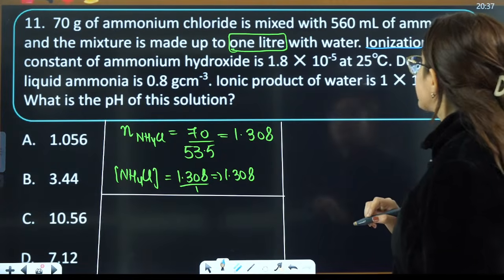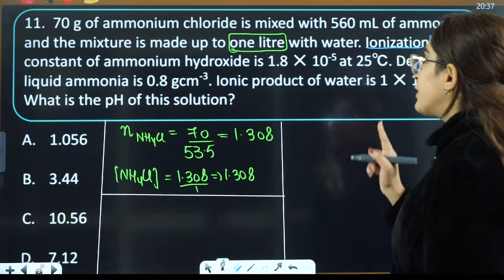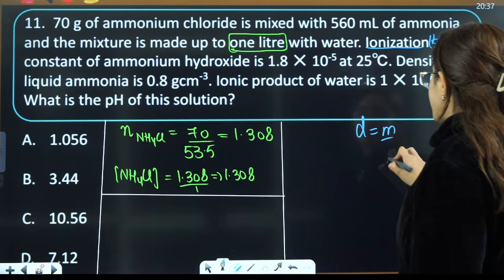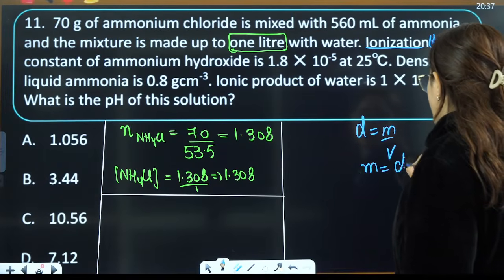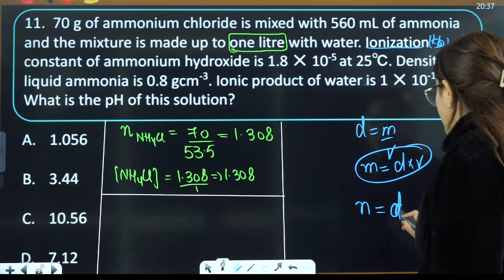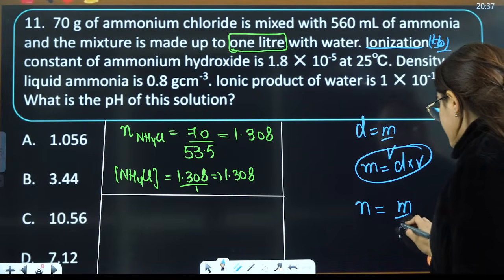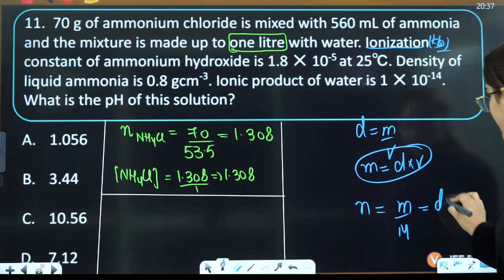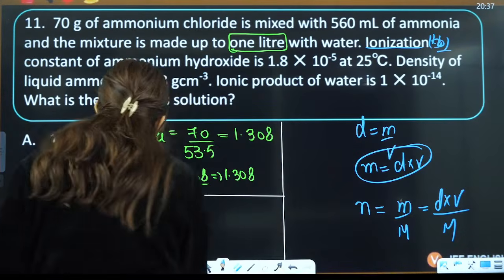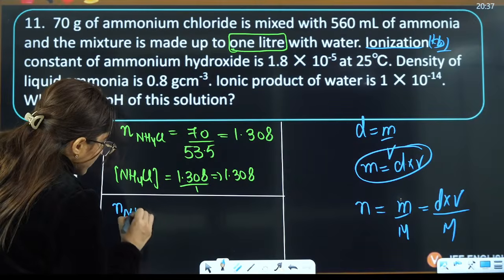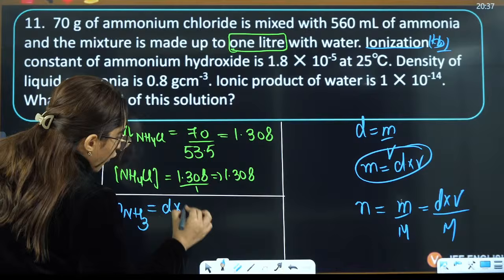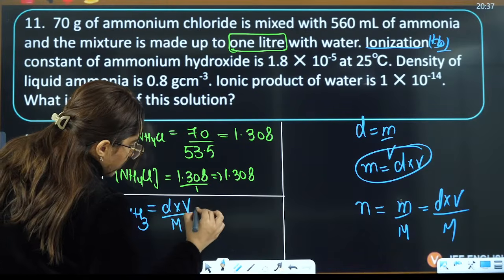This is a basic buffer. The density of liquid ammonia is this. We know that density is equal to mass by volume, so mass is equal to density into volume. And number of moles is equal to mass by molar mass. So the number of moles of ammonia is going to be density into volume divided by molar mass.